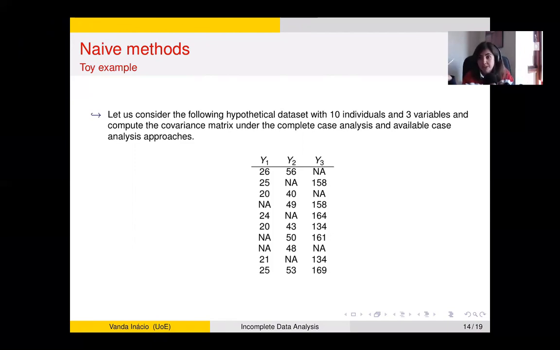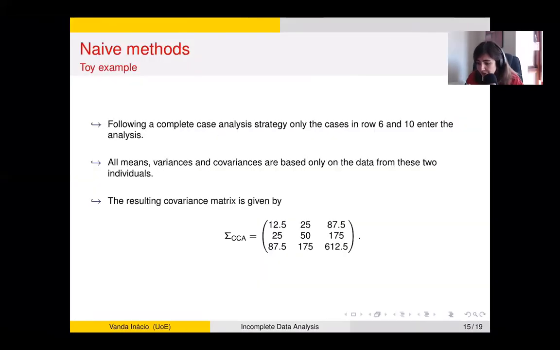So in terms of missing data pattern, this is a general missing data pattern. Now we will compute the covariance matrix under a complete case analysis approach and under an available case analysis approach. I will just show you how to compute one of the first entries.